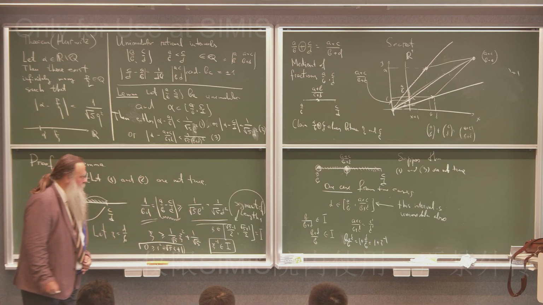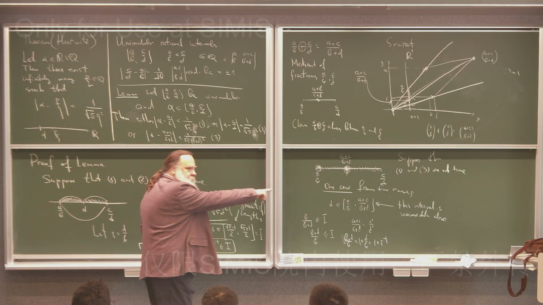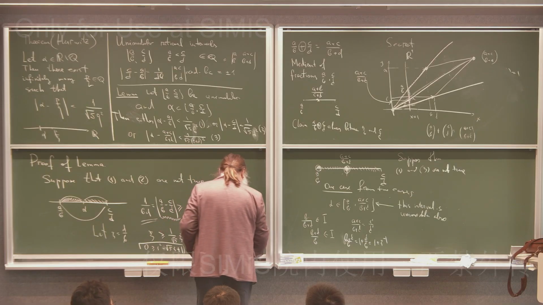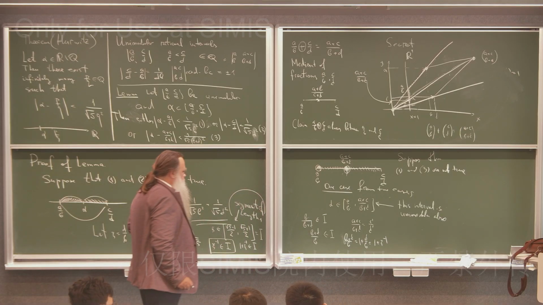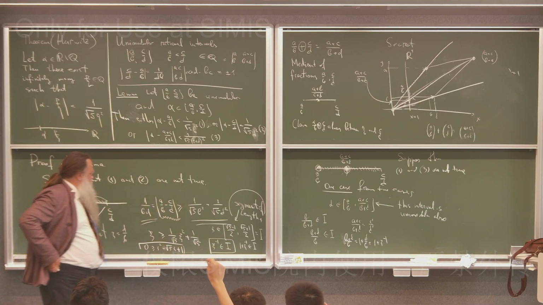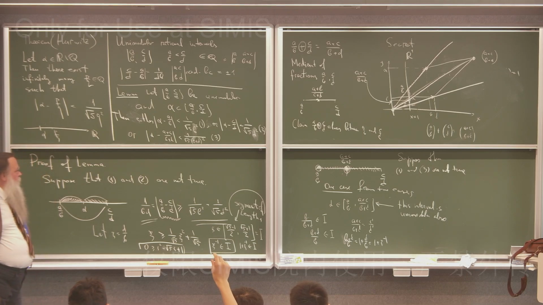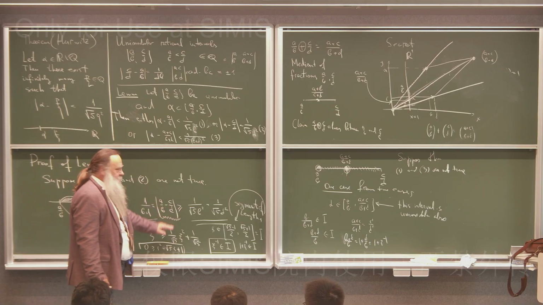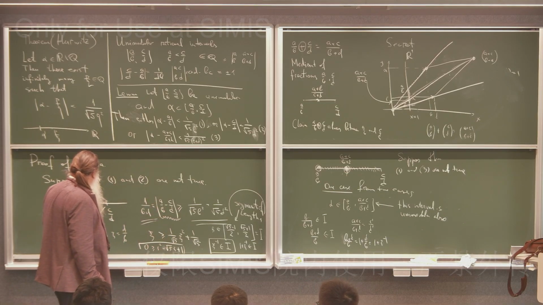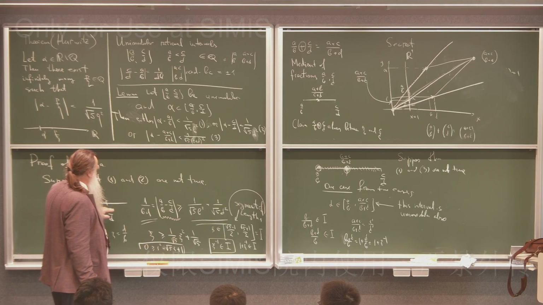But from the consideration of the right-hand side of the blackboard, we know that 1 plus Xi minus 1 belongs to the same interval. Well, what is the contradiction? How did we show that B over B plus D is in the interval? Look, what is the argument here? Alpha belongs to an unimodular interval.